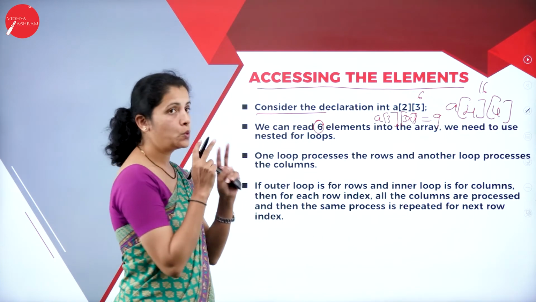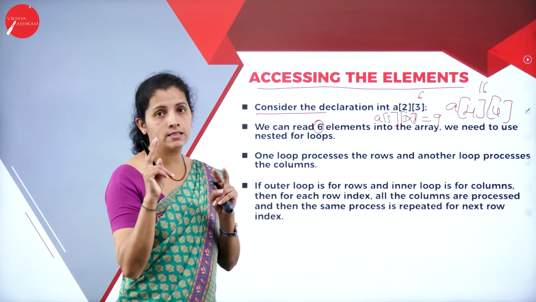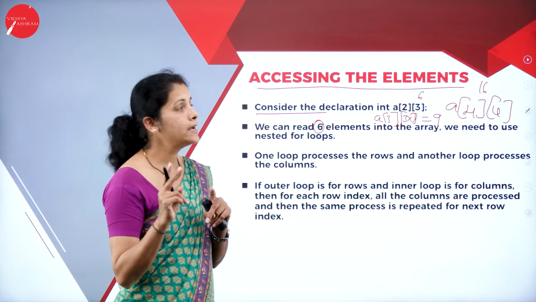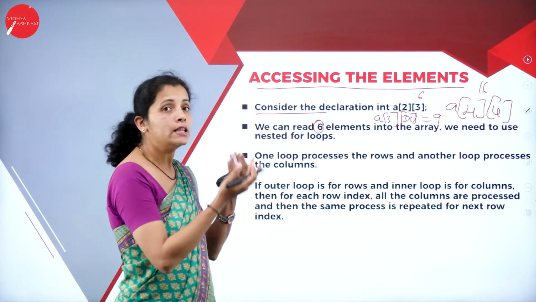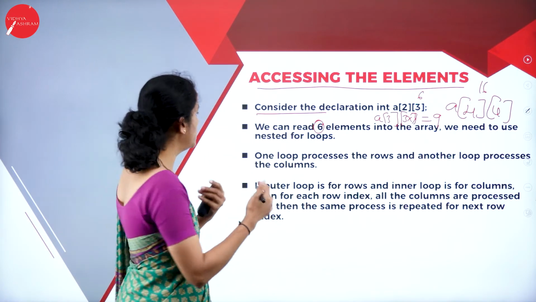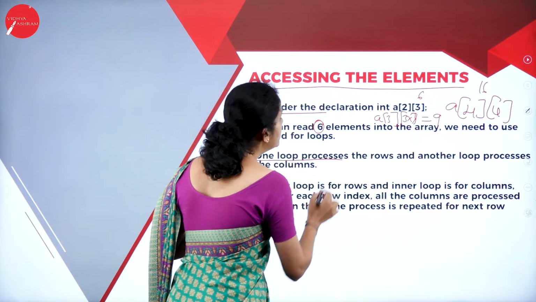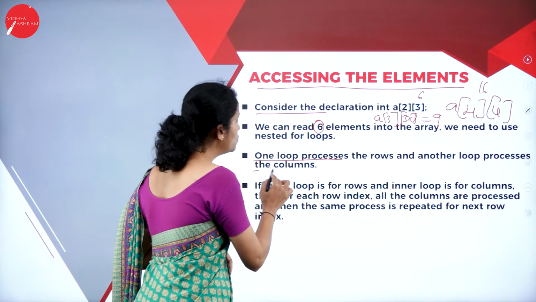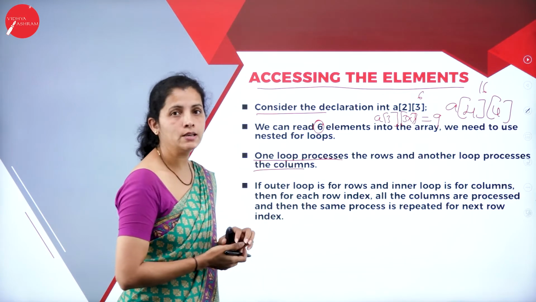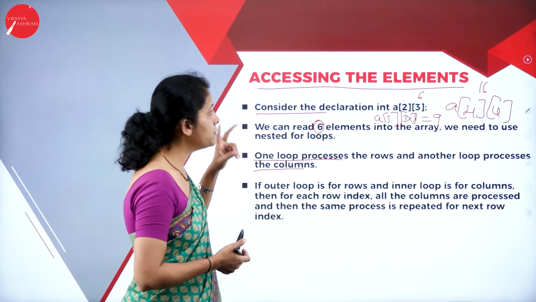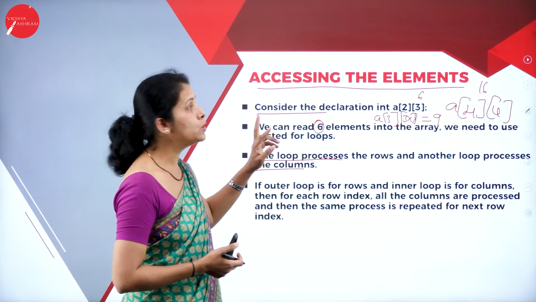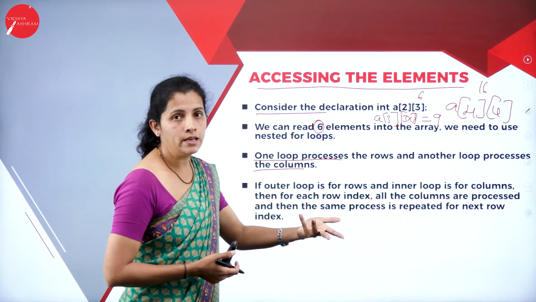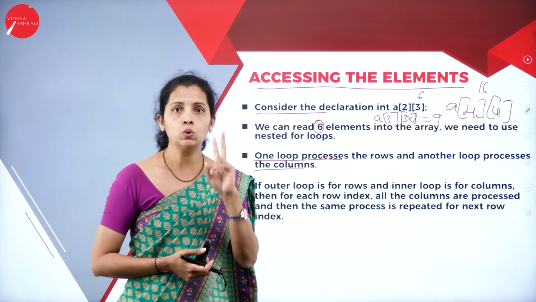So here I am going to have 2 indexes. One is the row index and one is the column index, and I am going to have a number of elements. So one loop is used to represent the row value and another loop is used to represent the column. In two-dimensional arrays, if I want to access or read an element, then I require 2 loops.